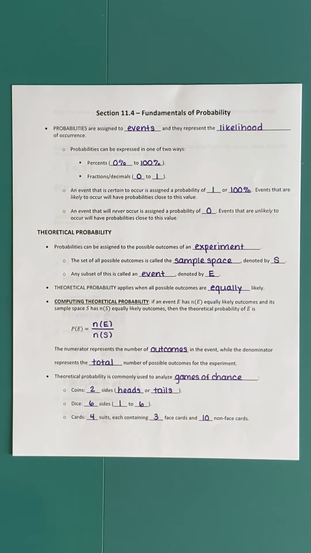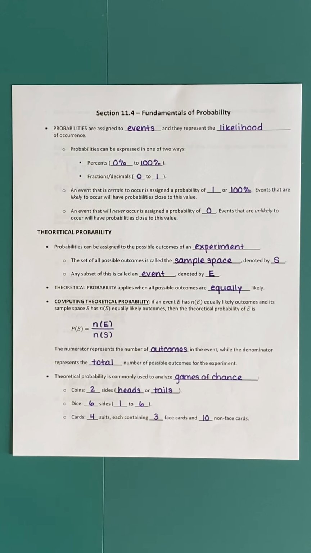So theoretical probability applies when all possible outcomes are equally likely. In other words, we can determine in theory what could happen from this experiment without actually having to do the experiment. We can determine in the abstract what the situation could look like. We know all the different possible outcomes, and they all have an equal probability.